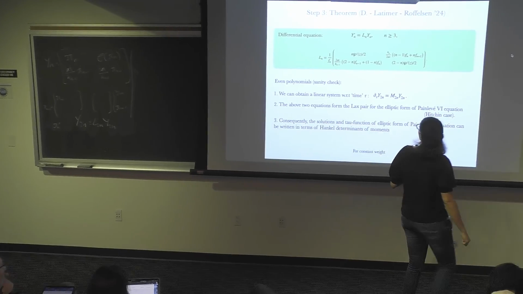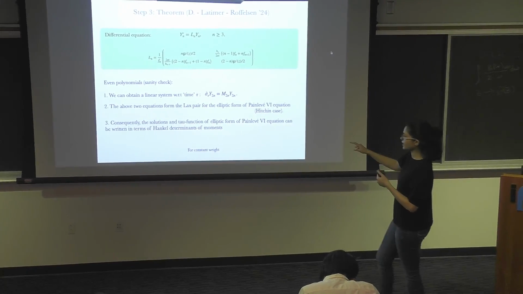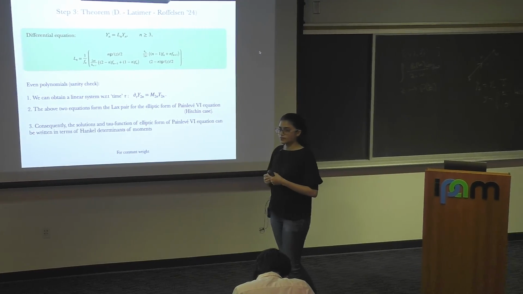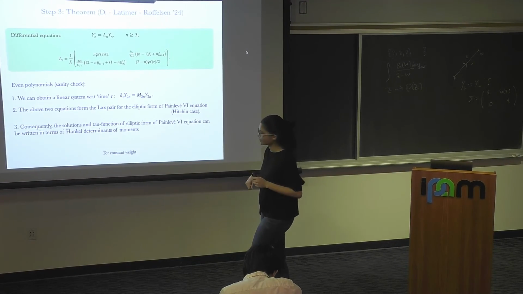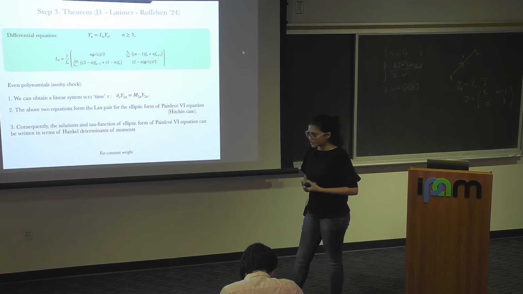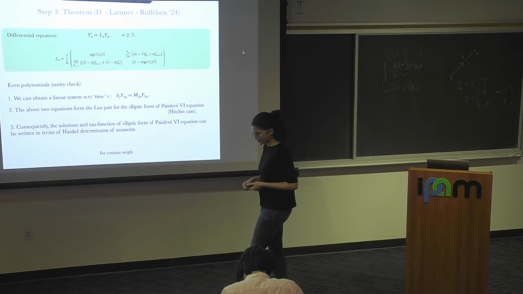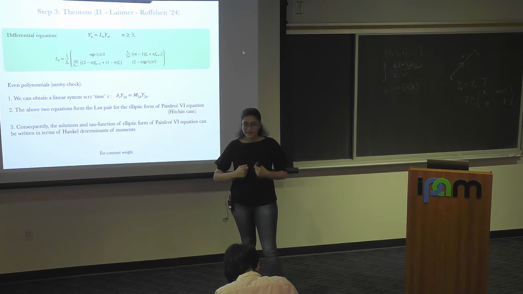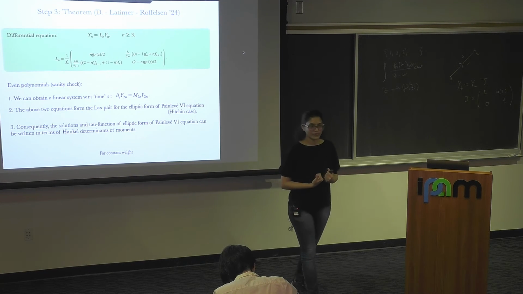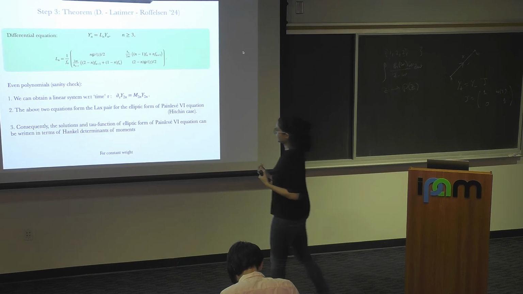And then you can take the modular parameter of the torus to be the time of Painlevé. You can do the same trick. You can study the differential equation with respect to tau. And this gives the second equation. These two together are immediately the Lax pair of Painlevé 6 equation, the elliptic form of Painlevé 6.